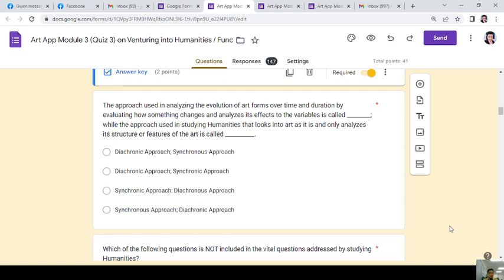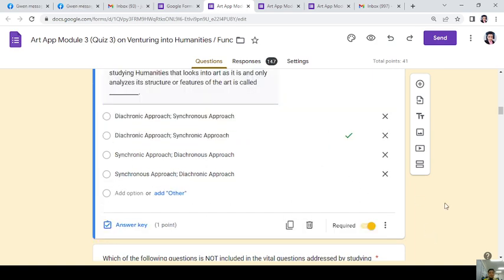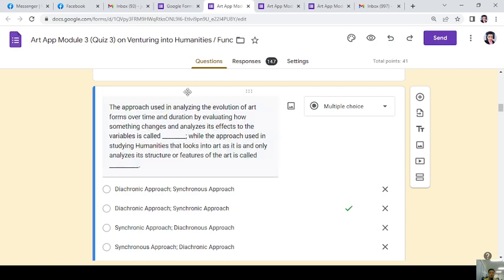Evolution, subjective, structure, objective. So which one is it? The options are different combinations of diachronic and synchronic approaches. The correct answer is letter. Okay. Diachronic is the evolution of art forms, subjective. The synchronic approach is more on objective, on the feature or structure that you analyze.